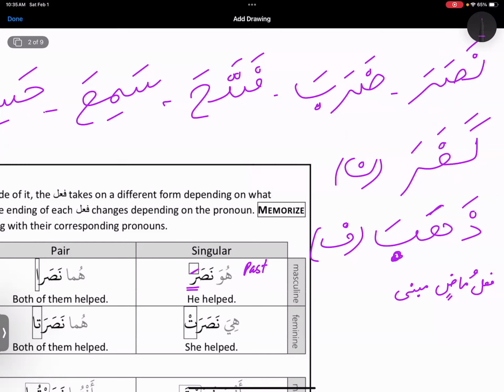I will repeat again. Fi'l mudariya can be marfu. It could be mansoob. Some huruf are going to come before it, and they are going to make fi'l mudariya mansoob. Remember inna and her sisters, right?